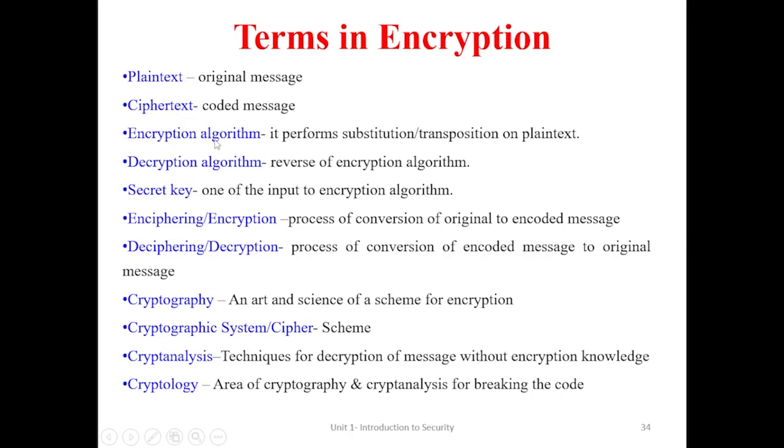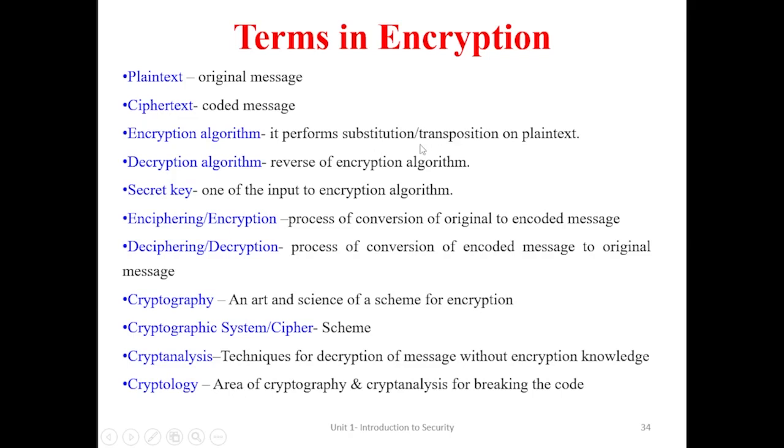Encryption algorithm means the conversion of plain text into ciphertext. There are different encryption algorithms available. They perform substitution or transposition techniques on a plain text. Substitution means replacement of one letter with another letter.